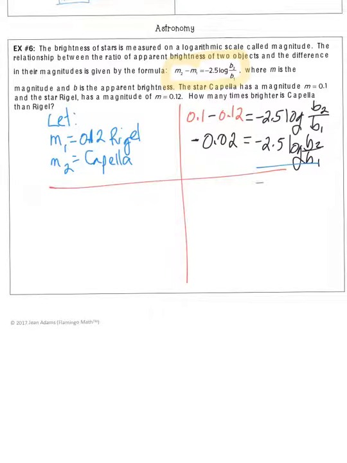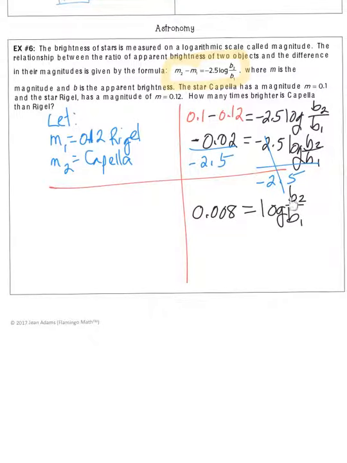Then I'm going to divide this side by negative 2.5 and divide this side by negative 2.5. And we get on the left positive 0.008 equals log of B sub 2 over B sub 1.